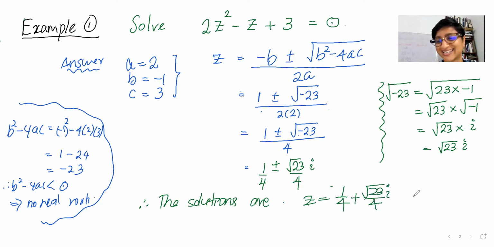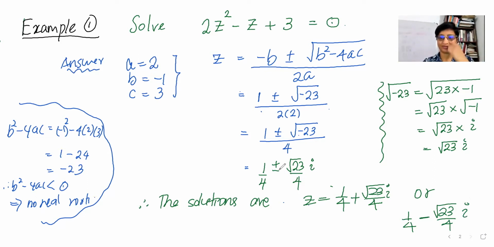Do you see the conjugates? And 1/4 minus root 23 over 4 i. If this is a solution, that would be a solution, and we got both of them here. So these are complex roots.